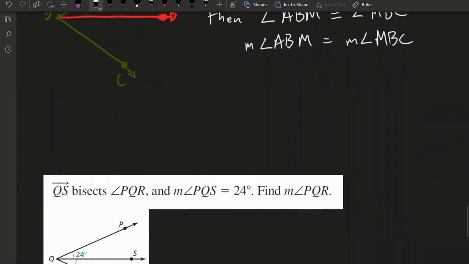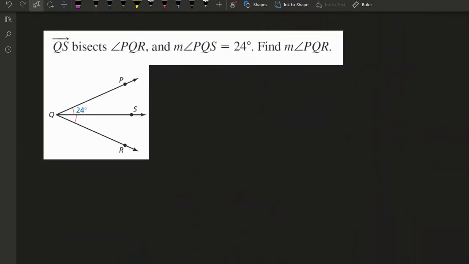Let's do an example. So in this example, we see that ray QS is bisecting PQR, and PQS is 24. So find the measurement of PQR. Well, since it's bisecting, I can say that the measurement of angle PQS is equal to the measurement of angle SQR.